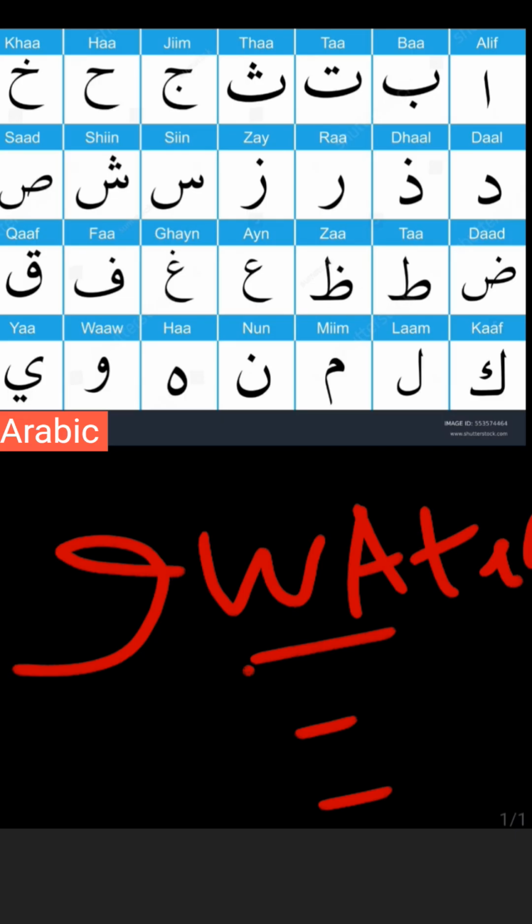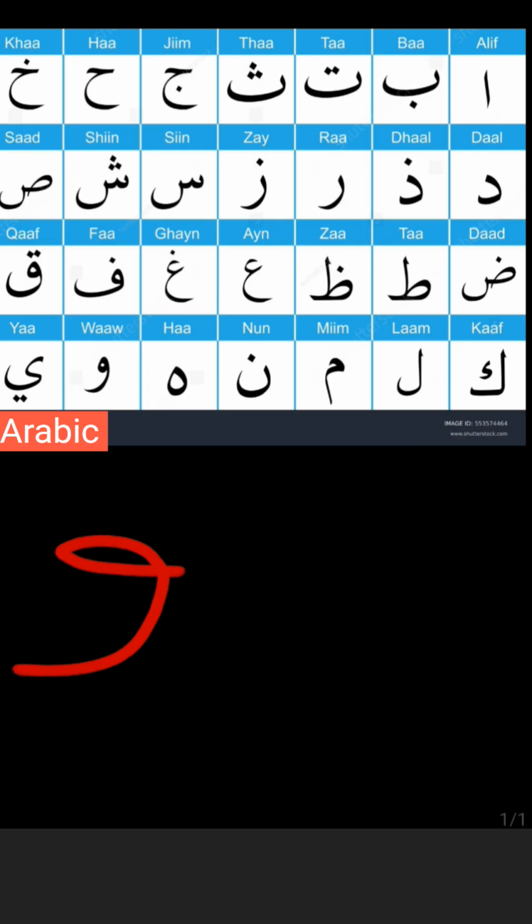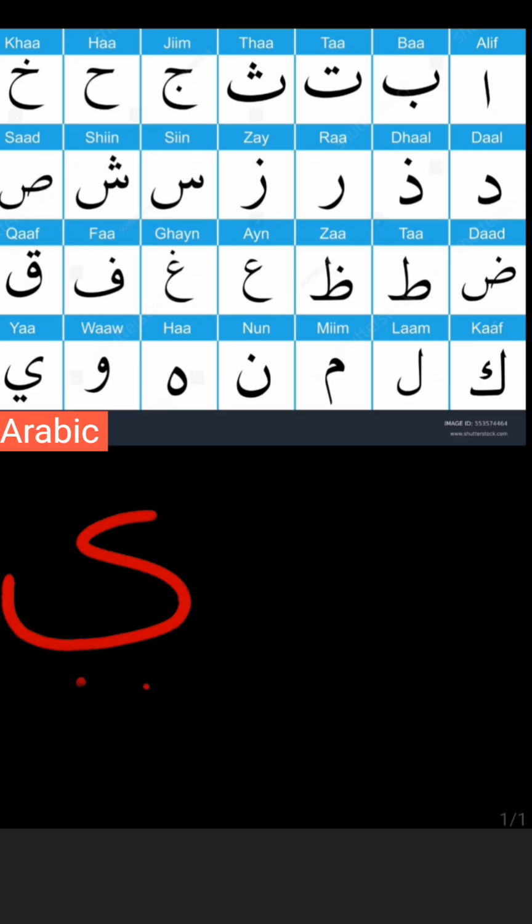And the final letter we have here is yeah. This is the final letter. Like how we say Z, but there's no equivalent at all to Z and yeah sound-wise. I'm just saying it as in like how Z is the final letter in the Latin script, ABCs, yeah is the final letter of the Arabic script.